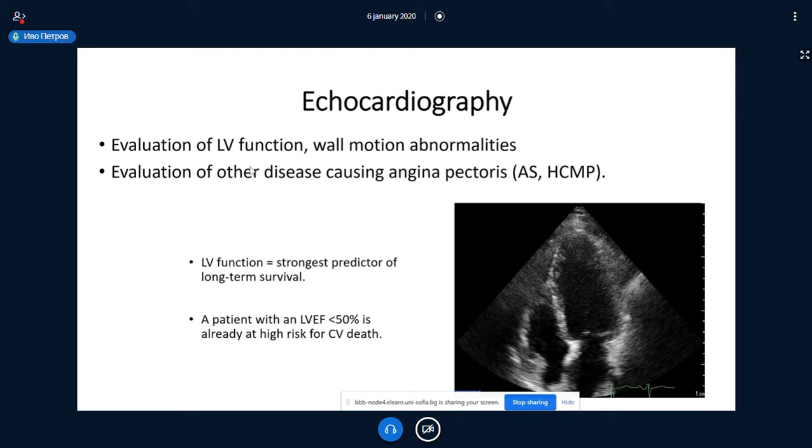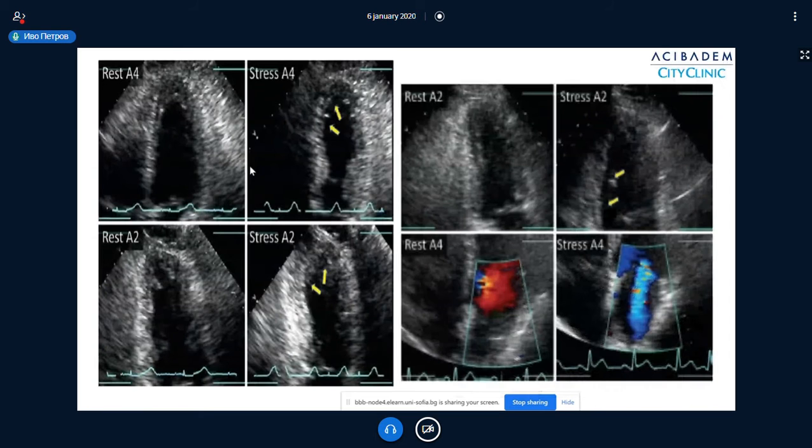And when we see segmental changes of the movement of the left ventricle myocardium during exercise, this is very, very typical to guess that the patient has a stenosis of a vessel that is supplying this myocardium.